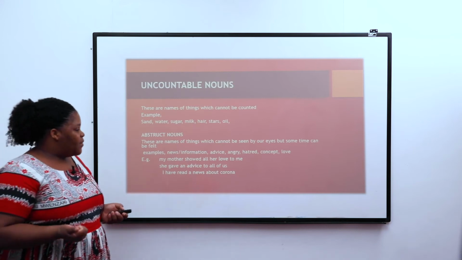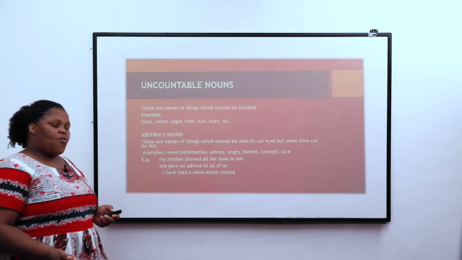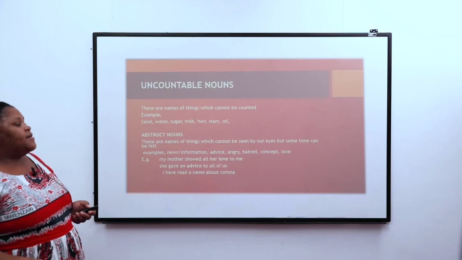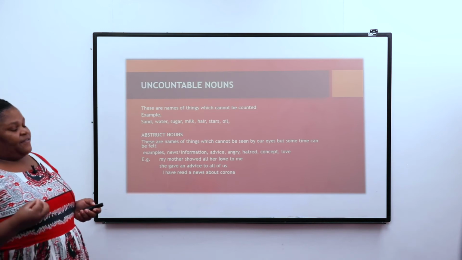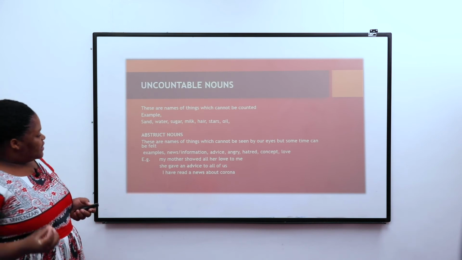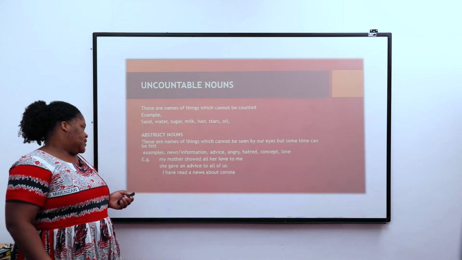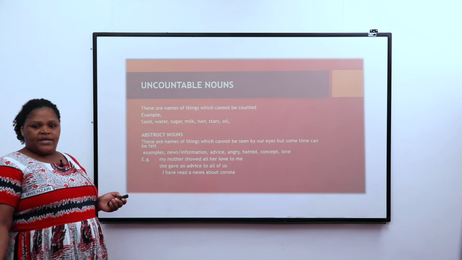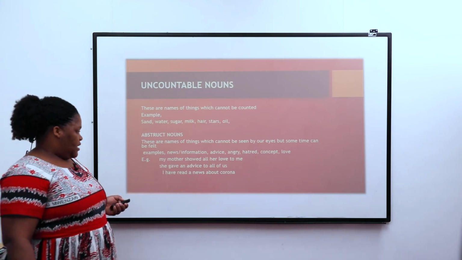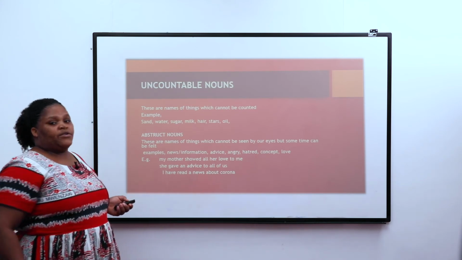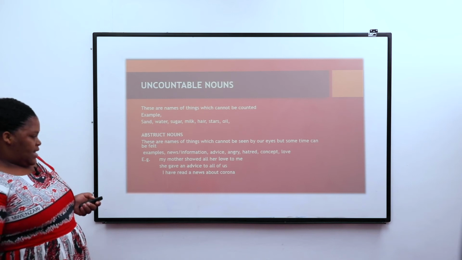The next type is the abstract noun. These are names of things which cannot be seen, but rather are just felt or imaginary things. For example, we have the noun news or information. You can't see news or information, but you say, I have received information.